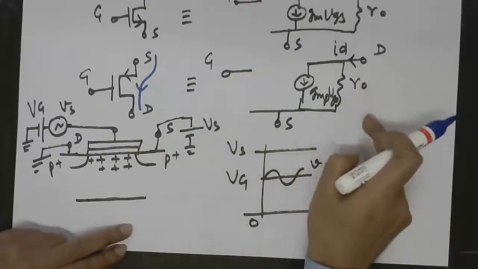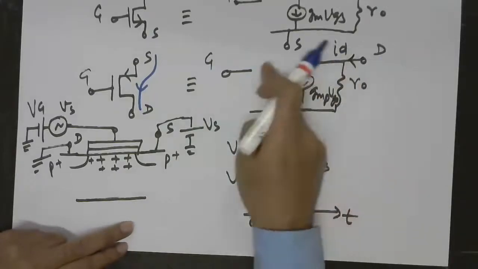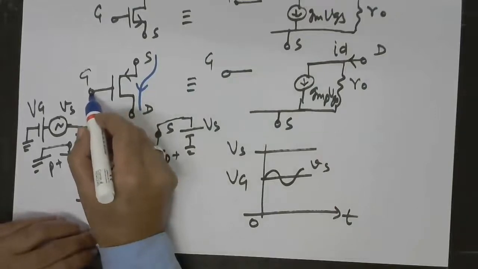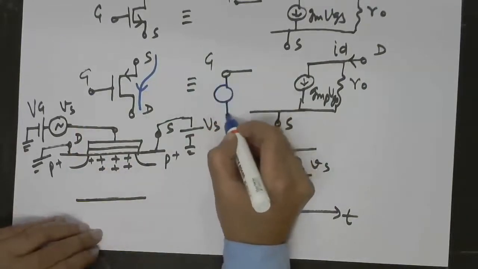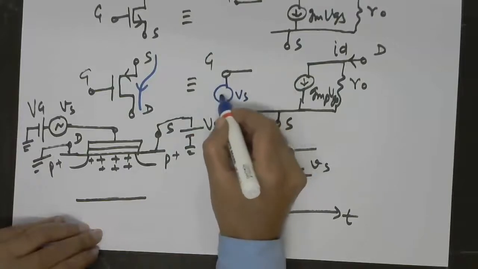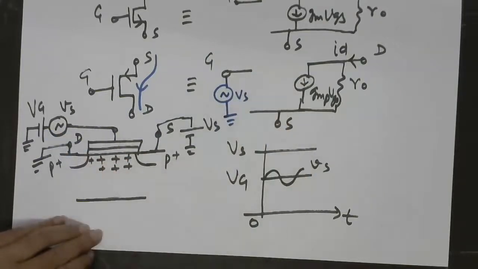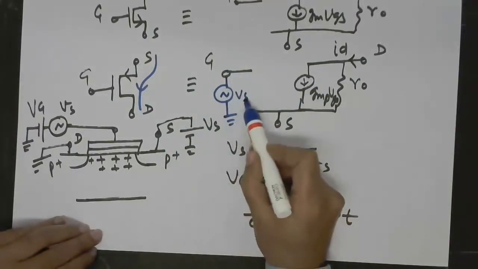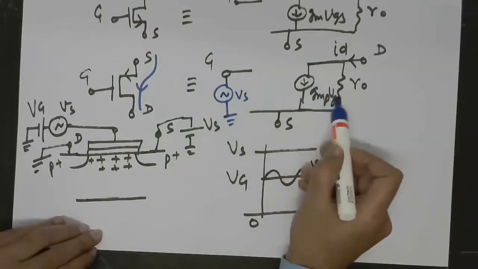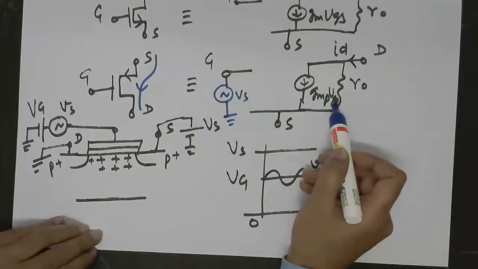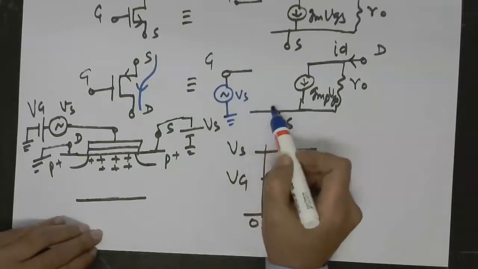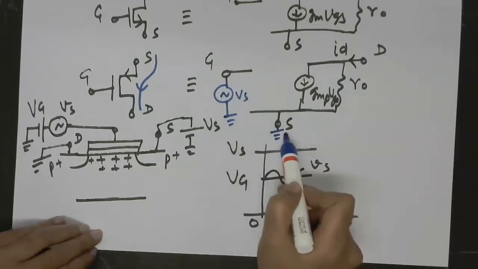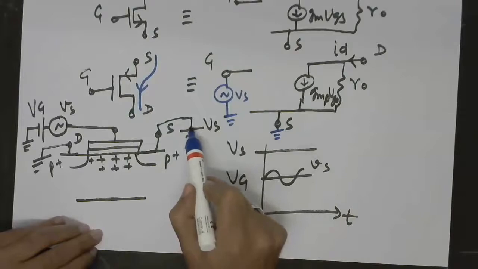Right? So now let us see what prediction arises out of this model. So what we have here is a time varying voltage applied here like this at the gate, right? So now this model says that as the Vs increases, this quantity is going to increase, gmp into VGS, where VGS is going to be say equal to Vs, because source is fixed at a constant DC voltage.